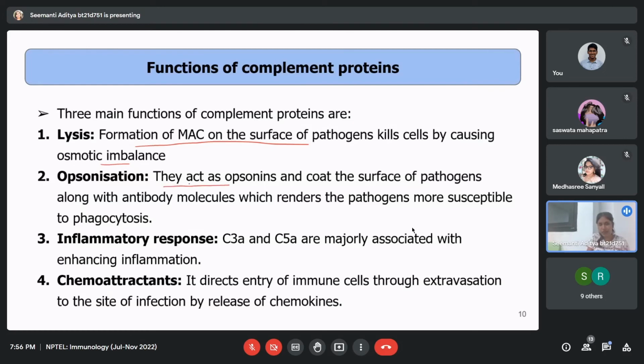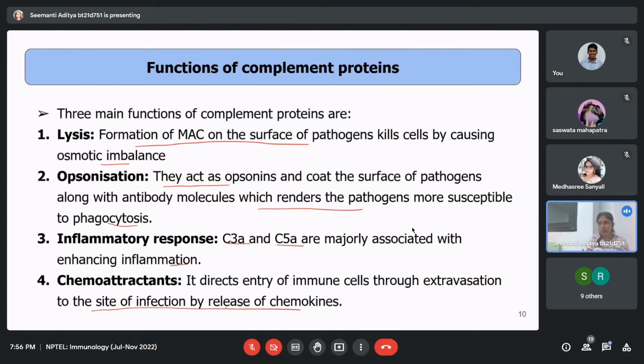Again, I explained what opsonin was. It helps in coating the surface of the pathogen along with the antibody molecules, which renders the pathogen more susceptible to phagocytosis. Inflammatory response: C3a and C5a are majorly associated with enhancing inflammation and anaphylatoxin activity. And chemoattractants: it also directs the entry of immune cells through extravasation to the site of infection by release of chemokines.